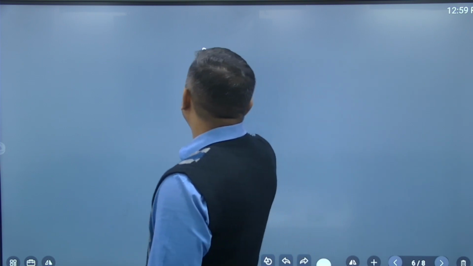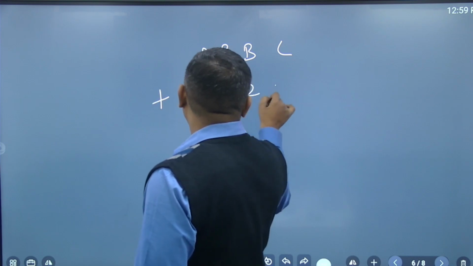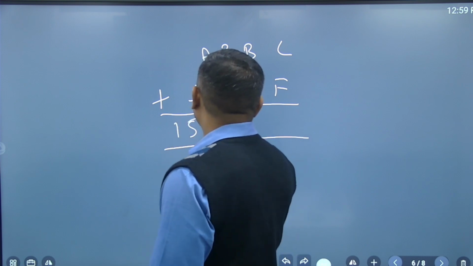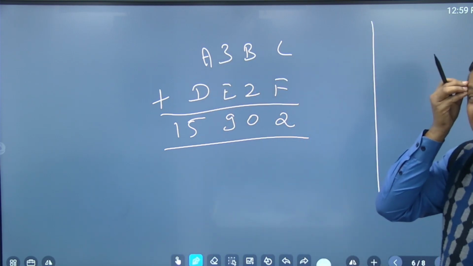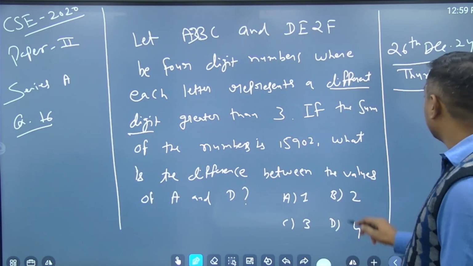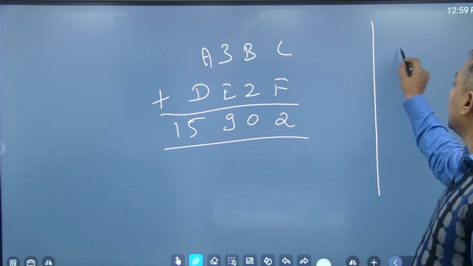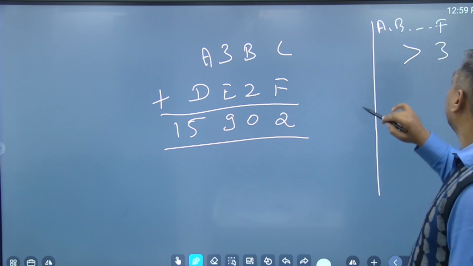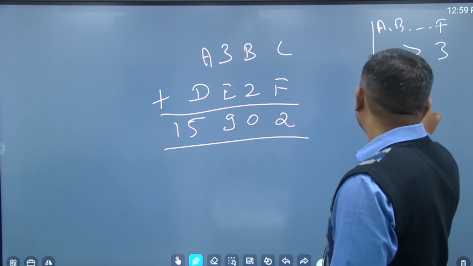To understand it, let me introduce it this way: there is A3BC plus DE2F. One more thing they have introduced: all the digits are different and greater than 3. So all those letters from A to F are greater than 3, and they are distinct also.